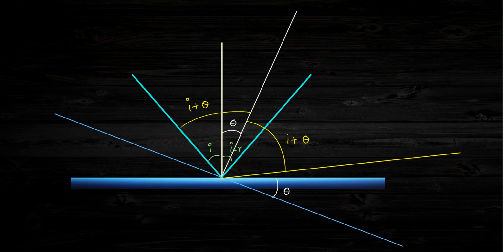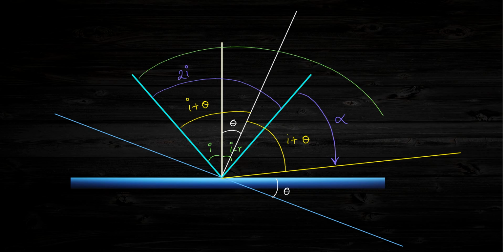Now compared to the original, how much has the new reflected ray shifted? Let us say the shift is given by an angle alpha. We can figure out alpha from the angular geometry of the situation. Earlier, this particular angle was 2i. Now we know that this particular angle is 2 times I plus theta.